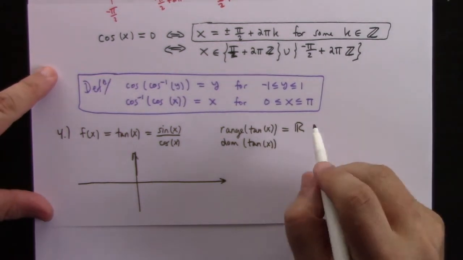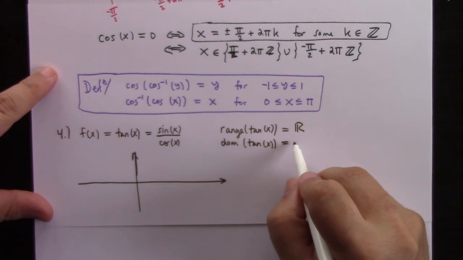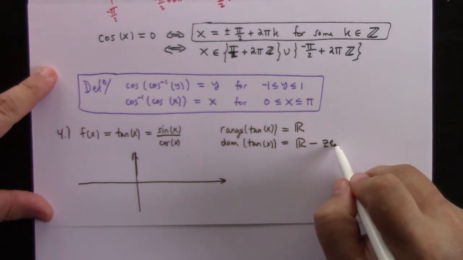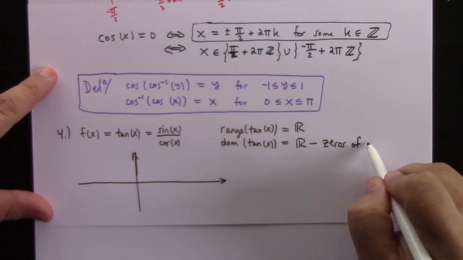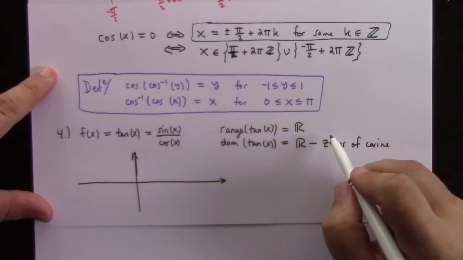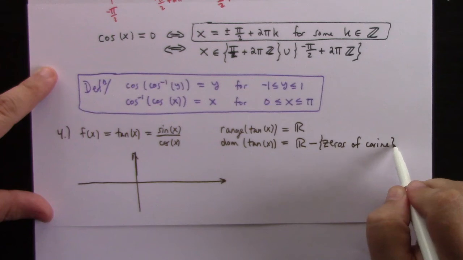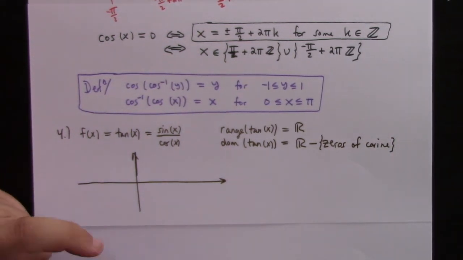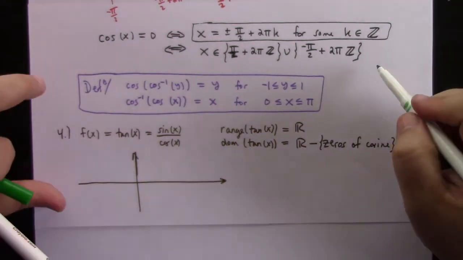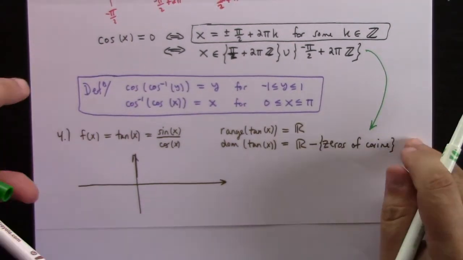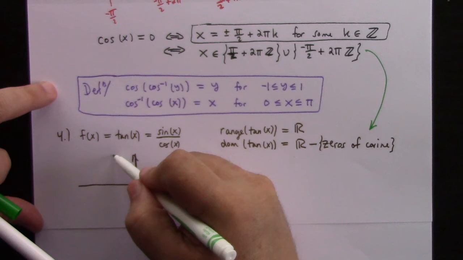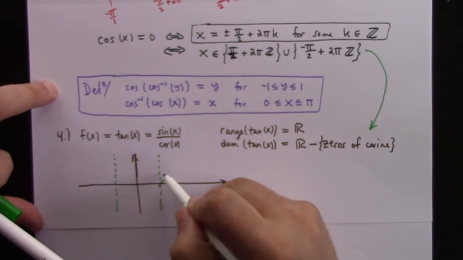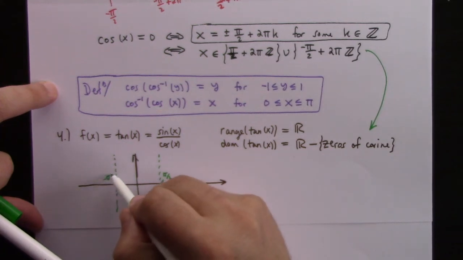It is equal to the reals minus the zeros of cosine. That set, if I just talked about it up here, I don't want to try to write it again. Those points are missing. Those are where we have vertical asymptotes at plus or minus pi over 2, and so forth and so on.